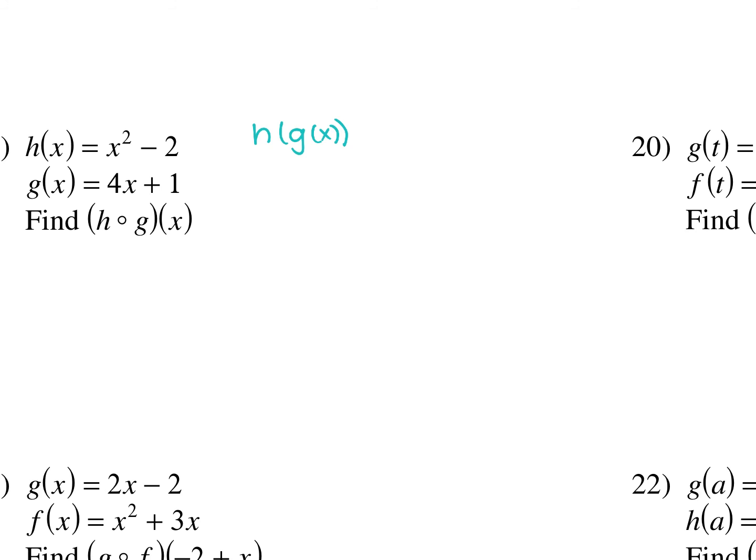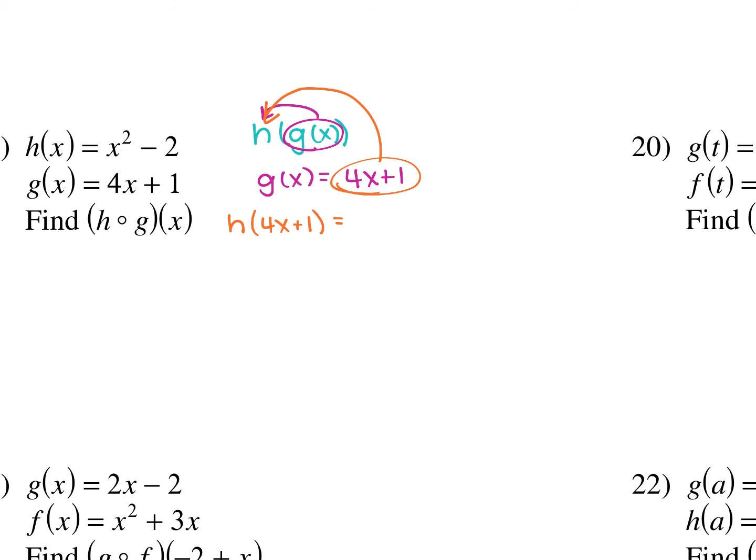When you see something like this, I would rewrite it the way that I just did, because that tells you to take whatever g of x is and plug it in for x in h of x. So g of x, we said, is equal to 4x plus 1. That means take the 4x plus 1 and plug it in for x in h of x. So you're doing h of 4x plus 1.